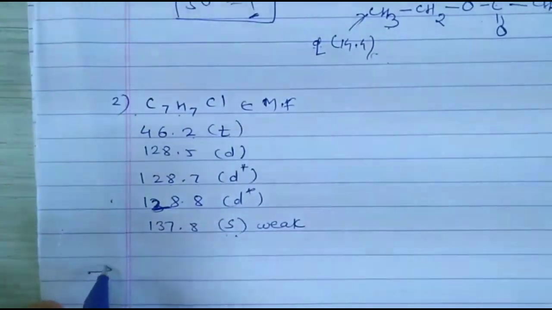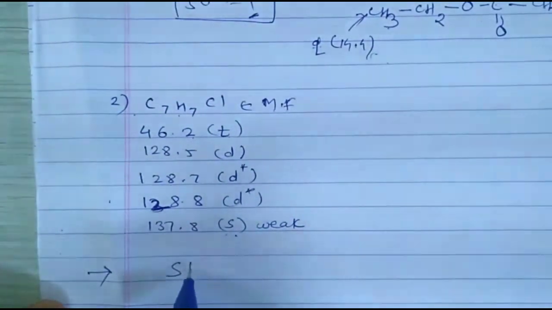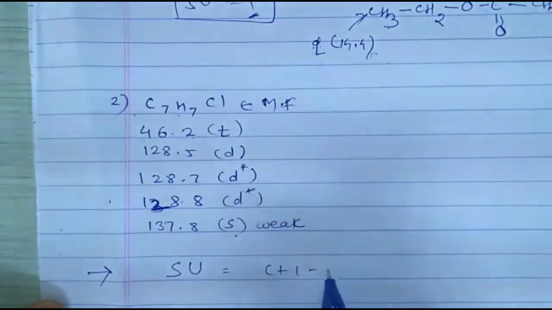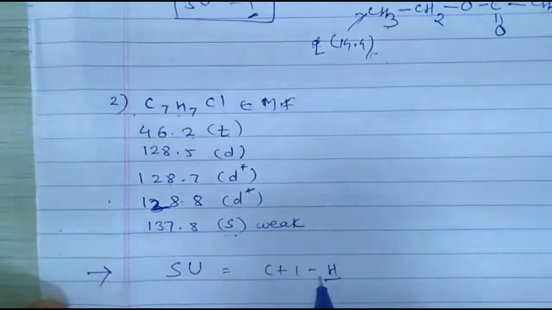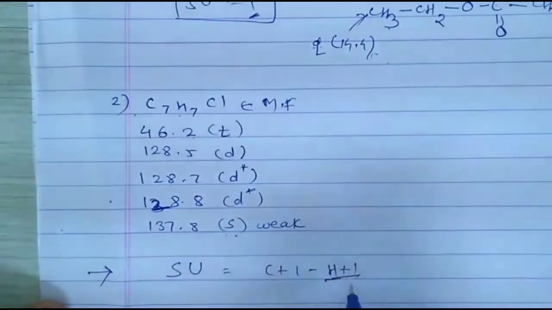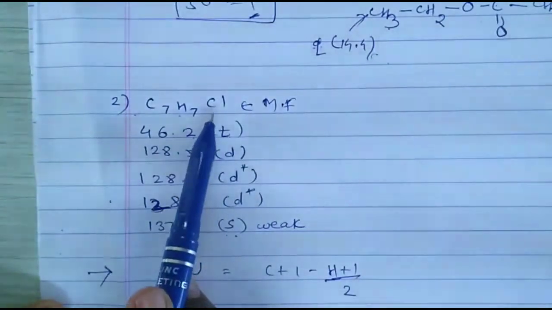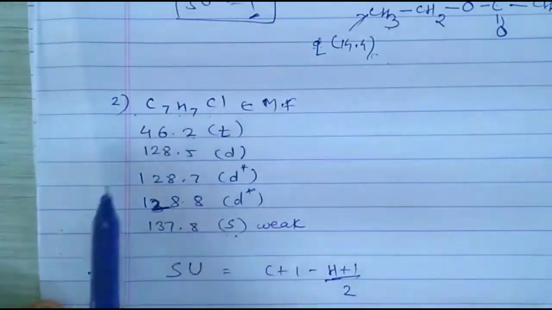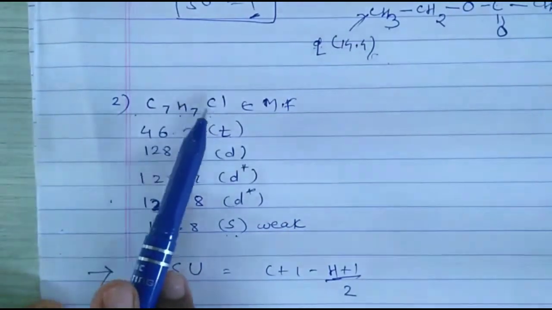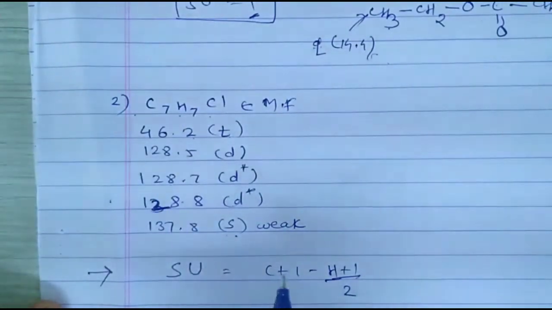First of all, find out the sites of unsaturation: C plus 1 minus H, and since a halogen is present, it is C plus 1 minus (H plus 1) divided by 2. Why? Because if halogen is present, we must add 1 in a chlorine, as well as in a carbon and in a hydrogen.